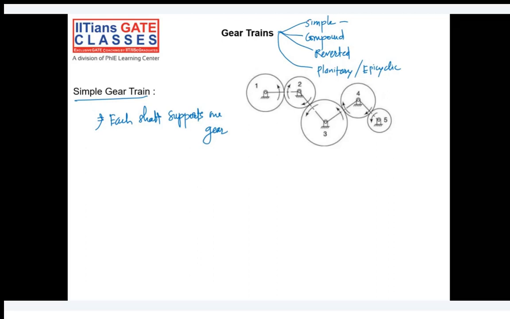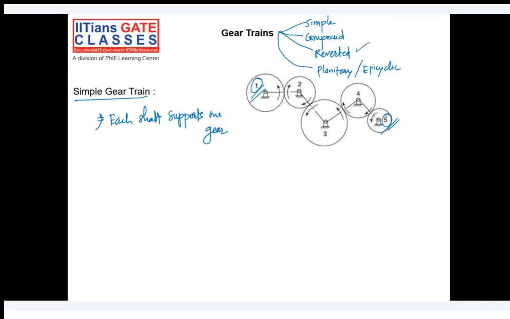In simple we have only one gear on each shaft. In compound we have more than one gear on a shaft, except the first and last gear. In this case the first gear is 1 and the last gear is gear number 5. So in a compound gear train there is a possibility that in shaft 2, 3, or 4 you can have more than one gear.